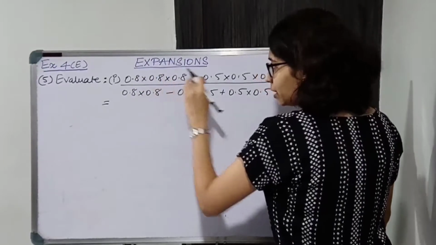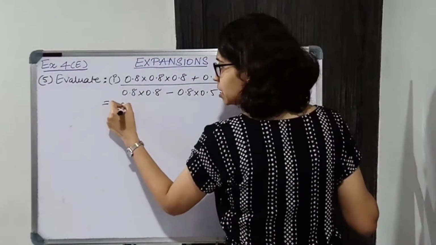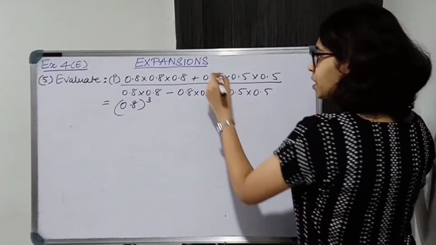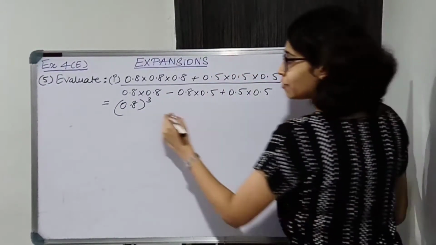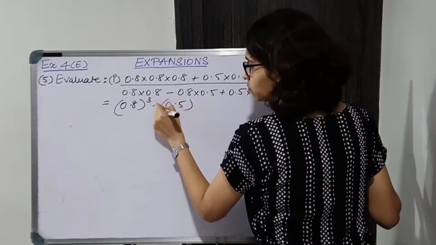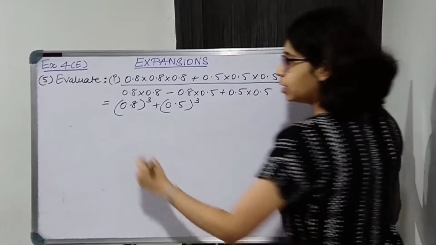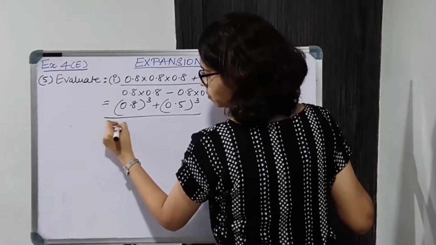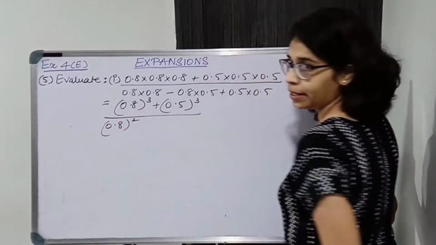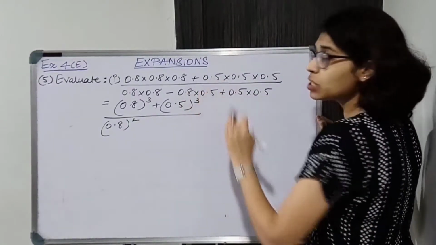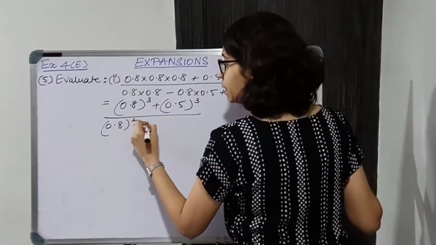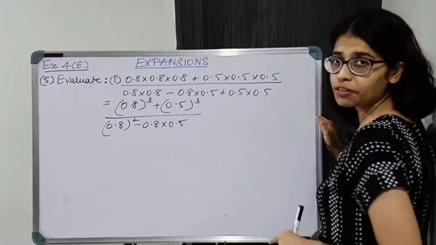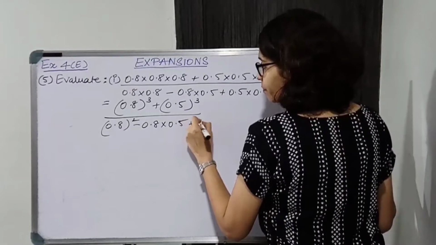0.8 into 0.8 into 0.8 is nothing but 0.8 cube. Okay, 0.5 into 0.5 into 0.5 is nothing but 0.5 cube. In denominator, 0.8 into 0.8, that is 0.8 square. 0.8 into 0.5, please don't multiply, keep it as it is, plus 0.5 into 0.5, that will give 0.5 square.